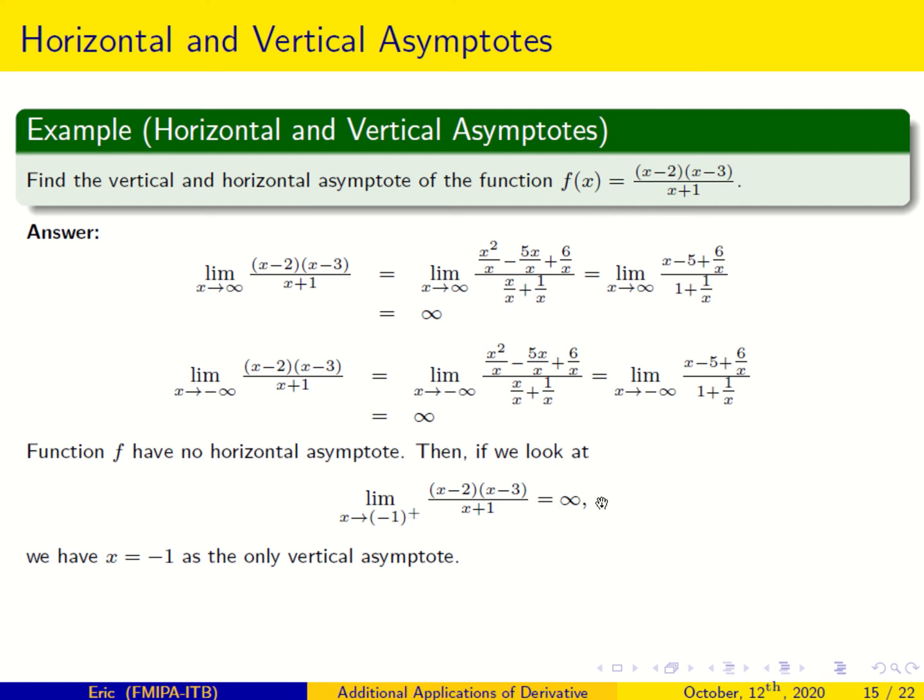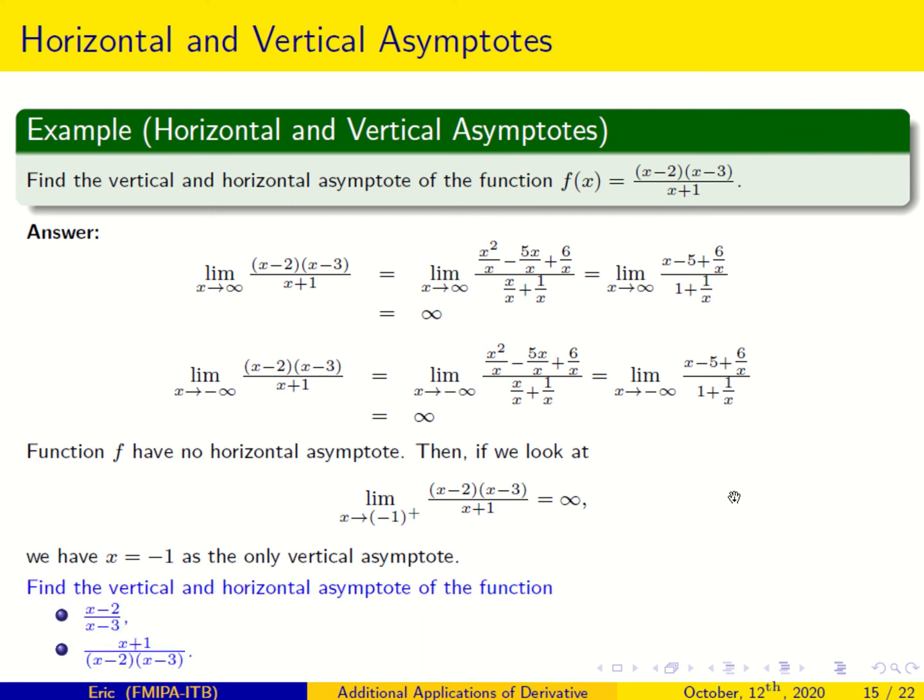So it goes to infinity. So x equals minus 1 is the only vertical asymptote. Technically, if I have a fraction, how do I find the vertical asymptote? Just look at the zeros of the denominator.